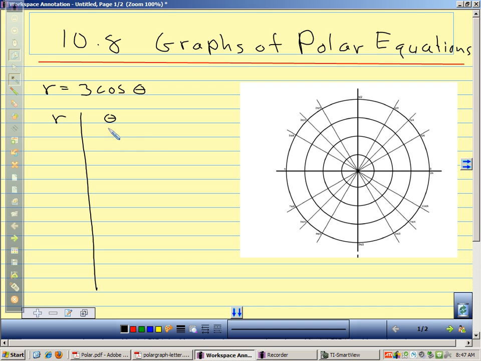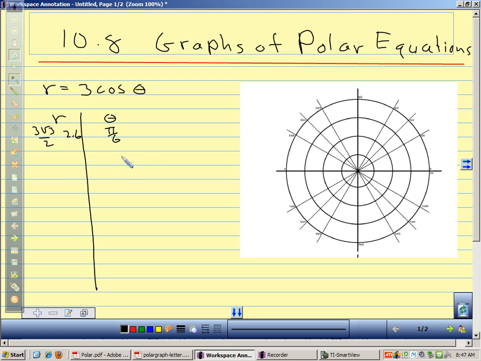When theta equals pi over 6, we take 3 times cosine of pi over 6. The cosine of pi over 6 is square root of 3 over 2, so r is 3 square root 3 over 2, which is about 2.6 if we calculate it out.